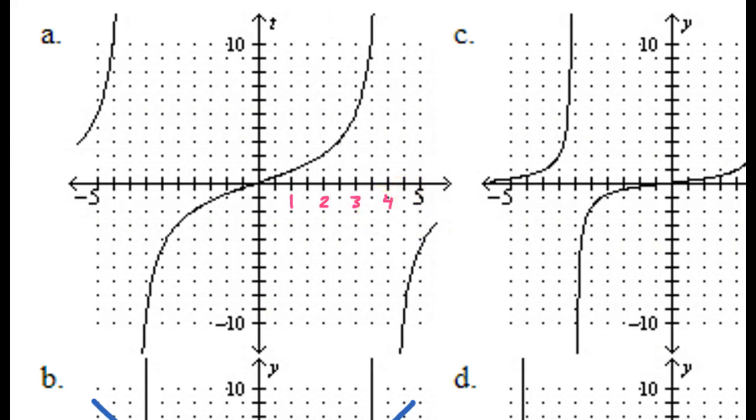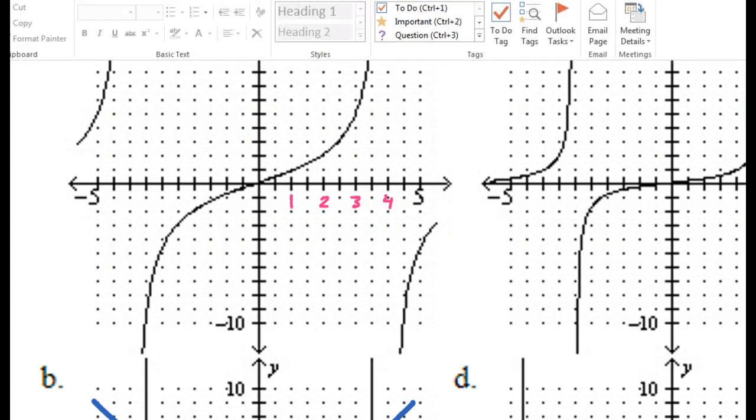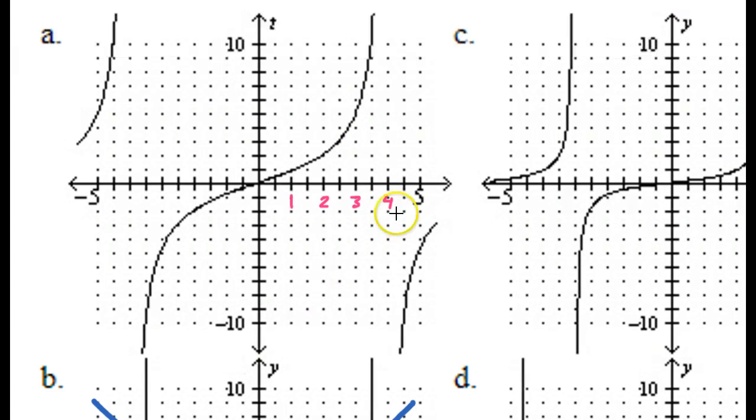So the asymptote should be right here at 4.5. Okay, and that looks fairly close, but see how this is intersecting with the graph? So this is not quite it.